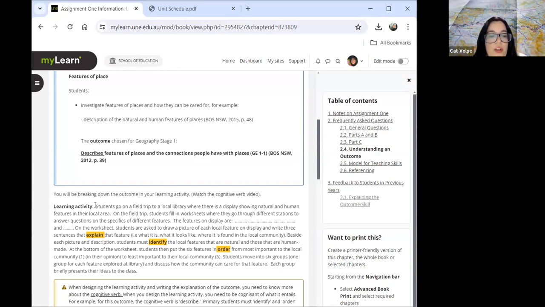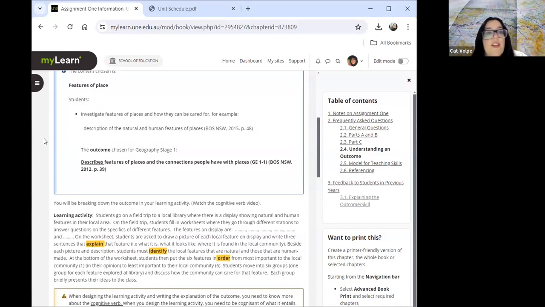When you think of what a learning activity is, it is one single aim that you have to achieve with your students. If you are trying to teach them a skill, then that's your aim. If you are trying to teach them to know and understand, for example, the features of places and how they are cared for, that's a learning activity.